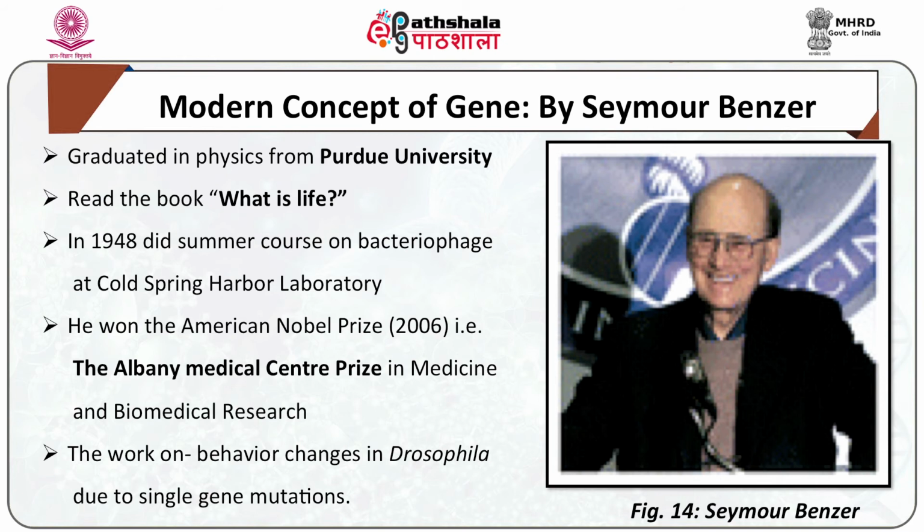In 1953, after Watson and Crick published their model of DNA, Benzer hatched his plan to get inside the gene by using the bacteriophage. He won the American Nobel Prize, that is the Albany Medical Center Prize in Medicine and Biomedical Research, in 2006 for the behavior change in the Drosophila due to a single gene mutation.